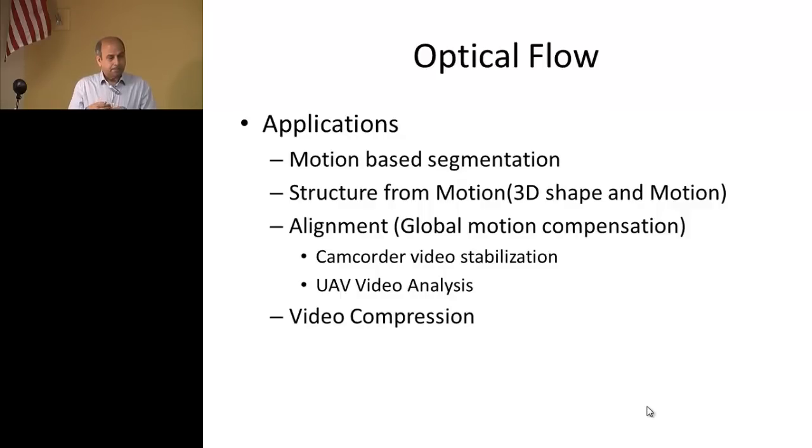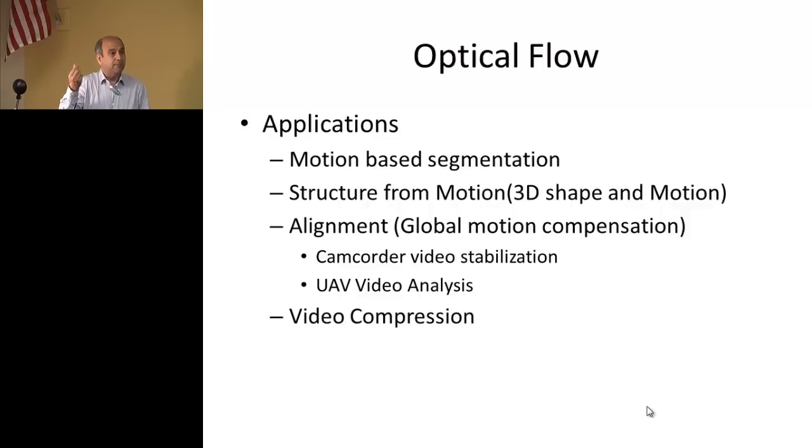Also, in order to compress video, you use the optical flow, the displacement. A movie consists of a sequence of frames, and when you compare frame 1 to frame 2, most of it is the same. Things don't change that much.